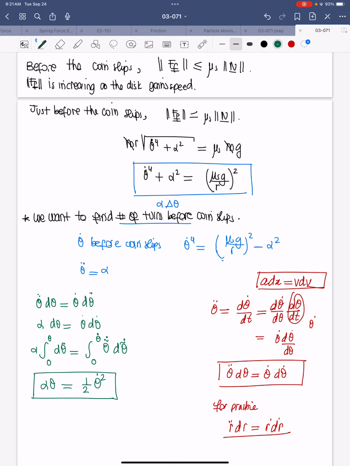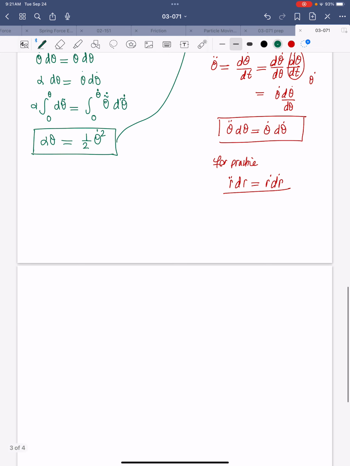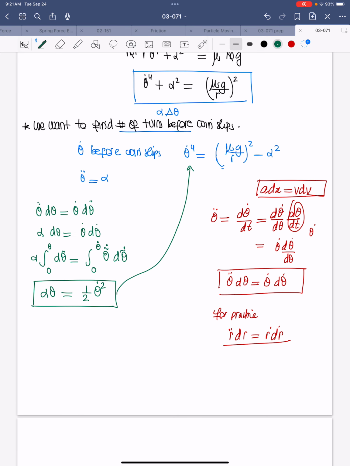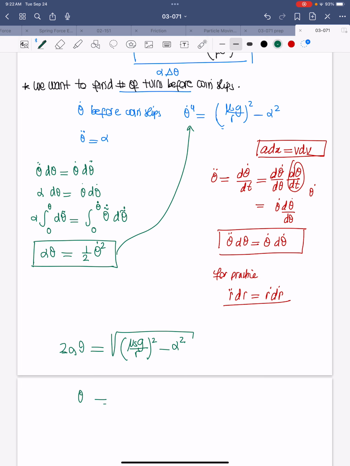So if I match the two equations and plug them in, I'll get that theta dot squared is 2 alpha theta, which is equal to the square root of mu s g over r squared minus alpha squared, and theta is 1 over 2 the square root of mu s g over r squared times alpha minus 1.